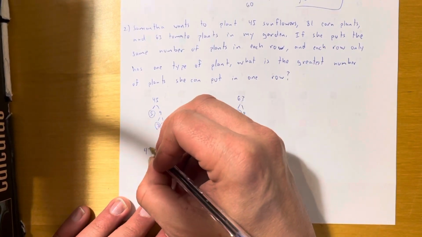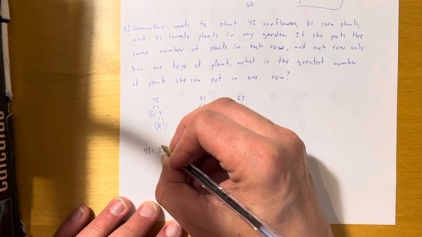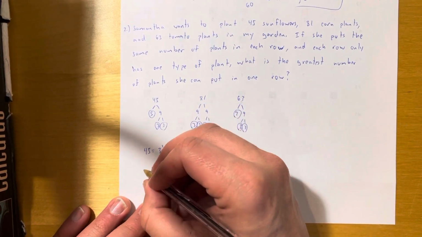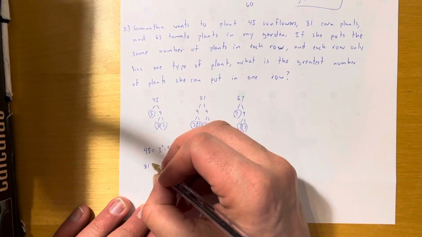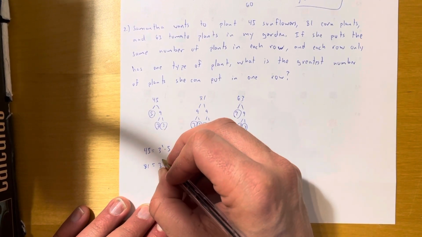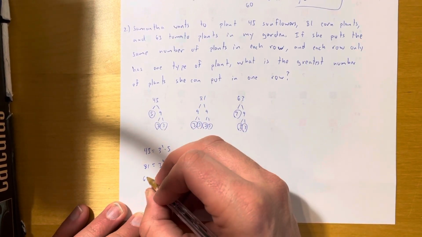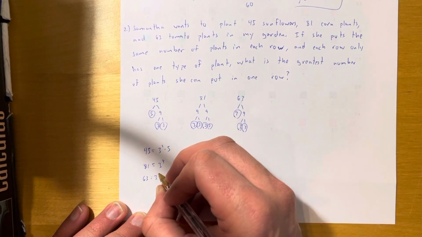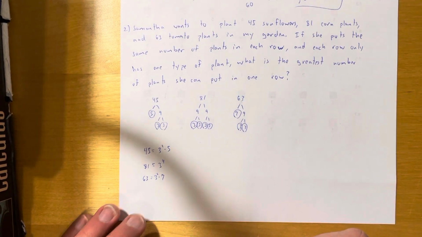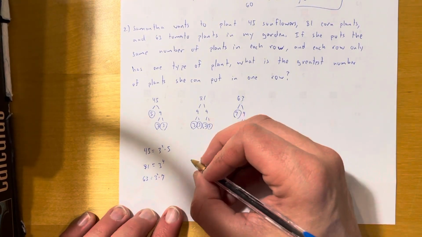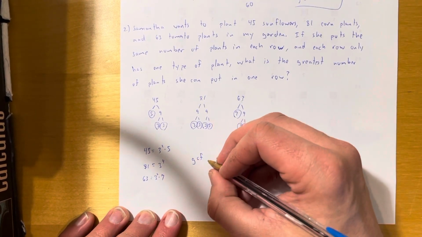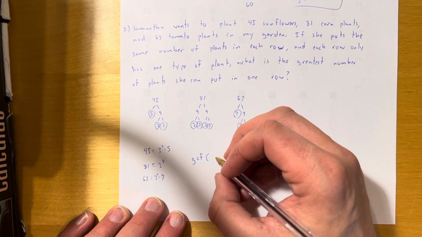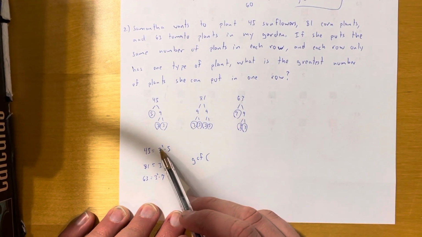And so what we have here is 45 equals 3 squared times 5. 81 is equal to 3 to the 4th power. And 63 is equal to 3 squared times 7. Okay, now GCFs are different from LCMs because with GCFs, we are not looking for the largest power of each prime.